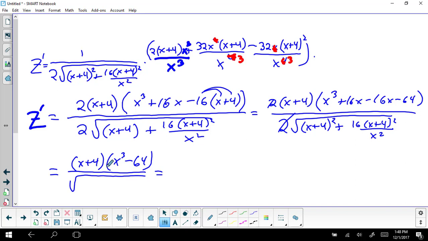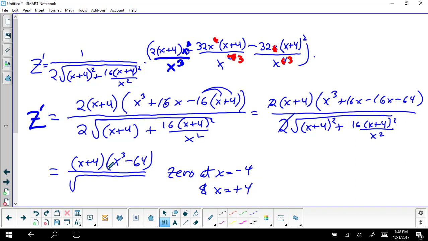I've got a 0 at negative 4, and with this x cubed minus 64, I've got another 0 at positive 4. So a 0 at x equals negative 4 and x equals positive 4.